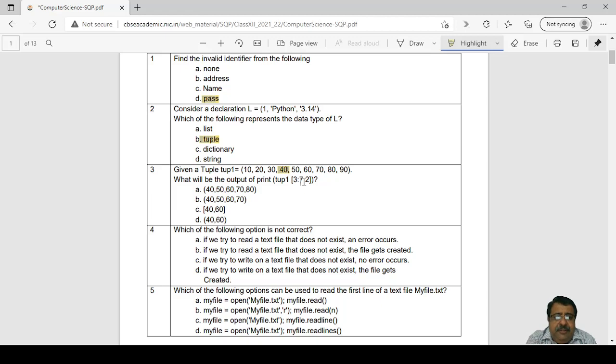So before 7 we have to stop. So 3, 4, 5, 6, 7. So we have to stop at 70. So 70 may be the last value. I'm not saying that 70 is the last value. 70 may be the last value. Definitely 80 is not the last value.